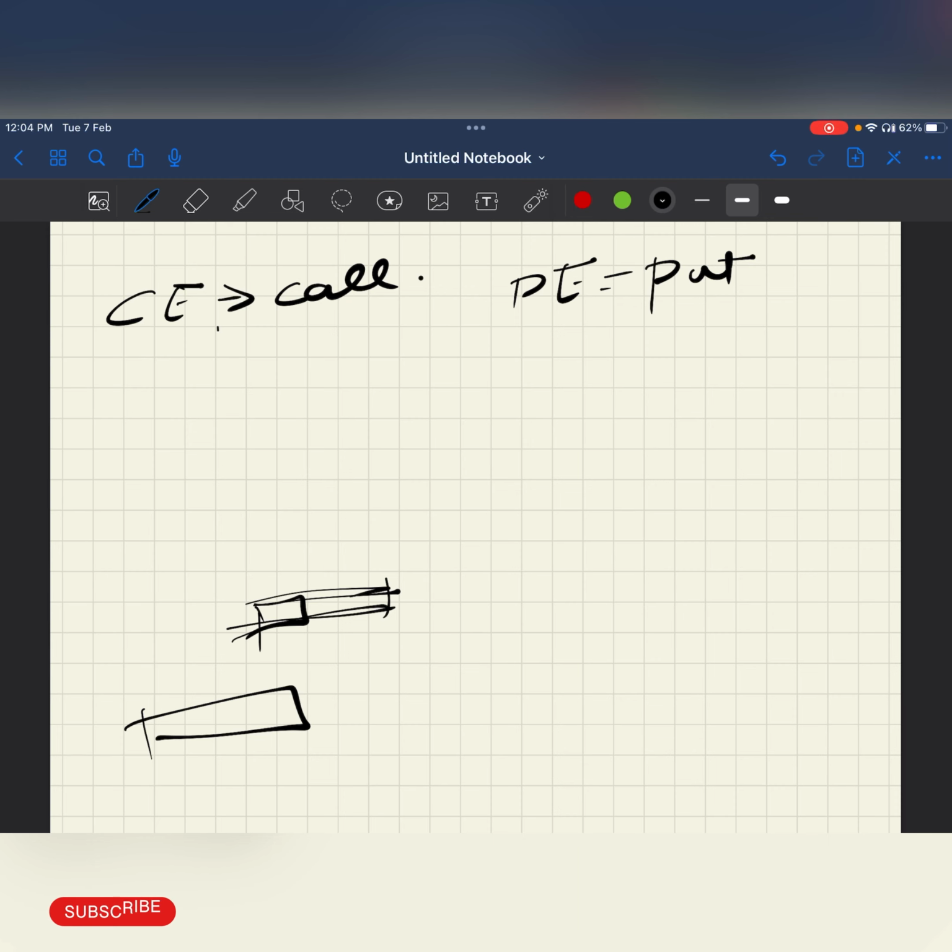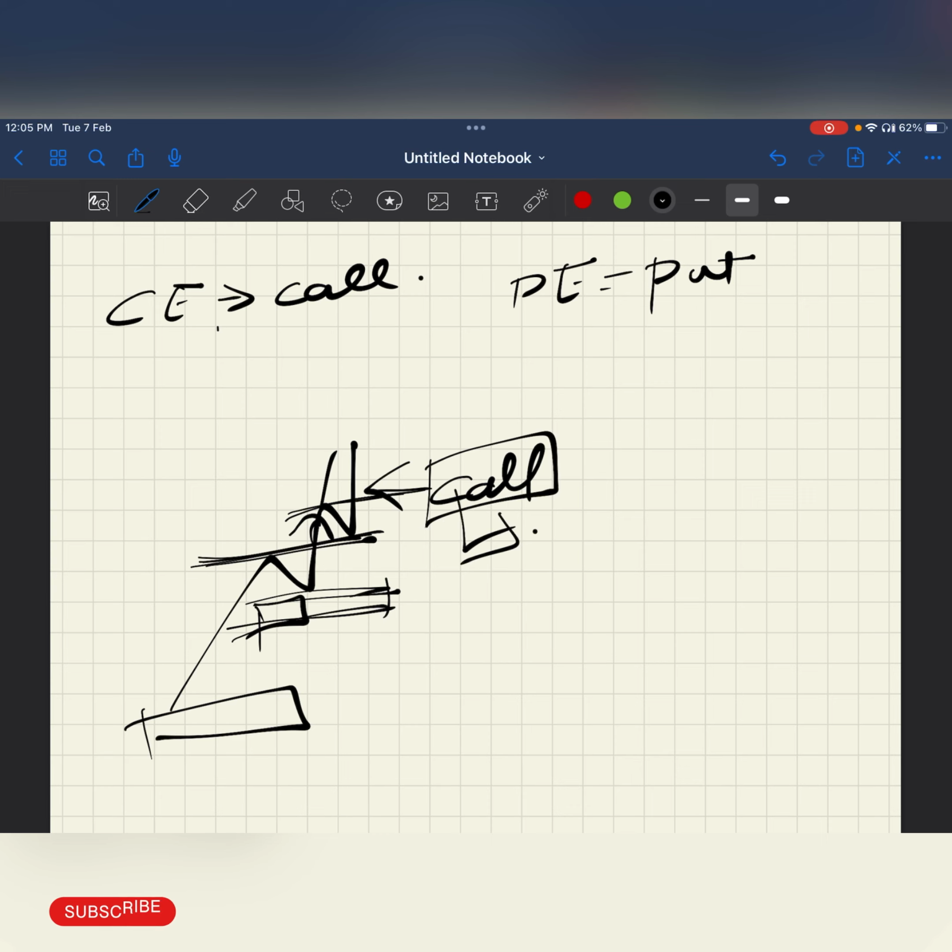Whenever your analysis is showing that the market may stay bullish, or that the market may hit resistance and after breaking it can go up further, at that particular time you have to buy call option.